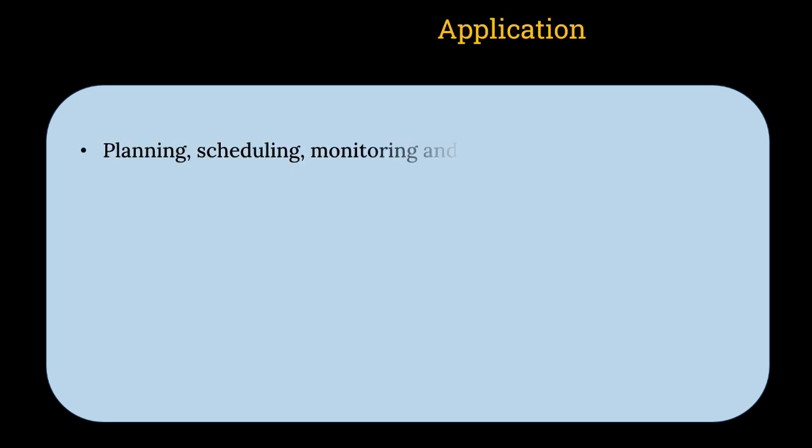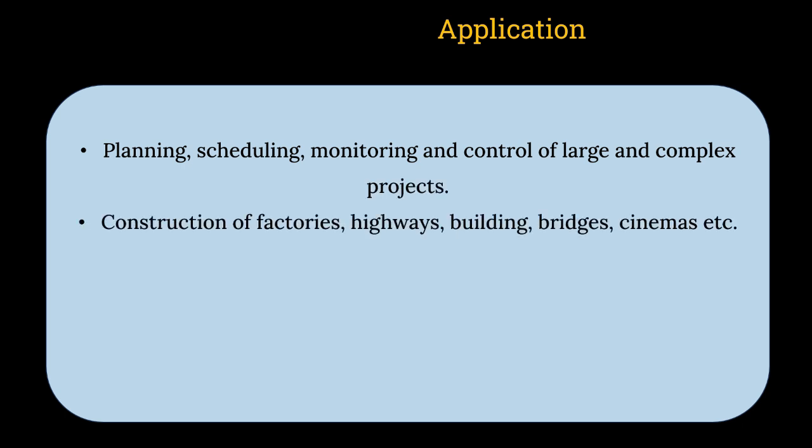Applications where we can apply this. We can apply these in planning, scheduling, monitoring and controlling of large and complex projects. Construction of factories, highways, buildings, bridges, cinemas, etc., where you can apply these applications. It is very much helpful to the army for its missile development.